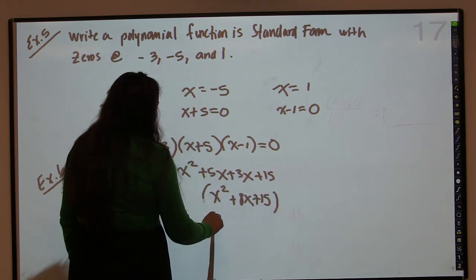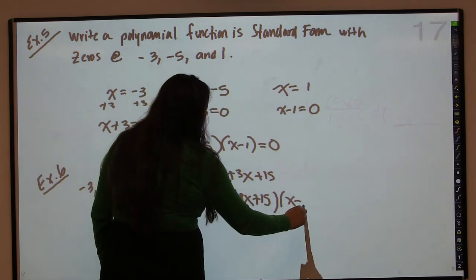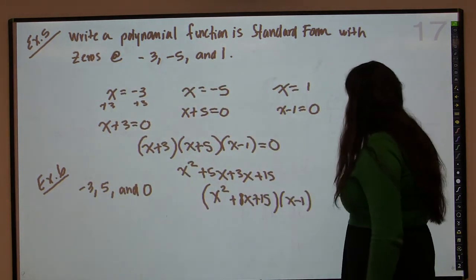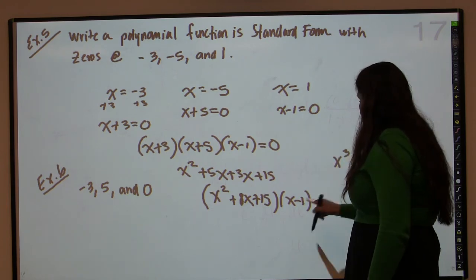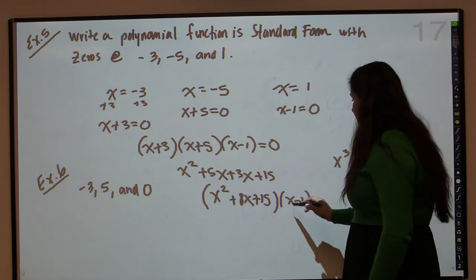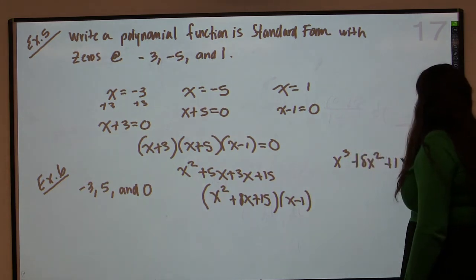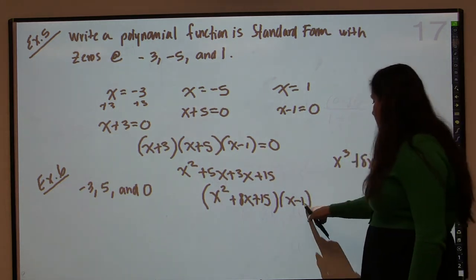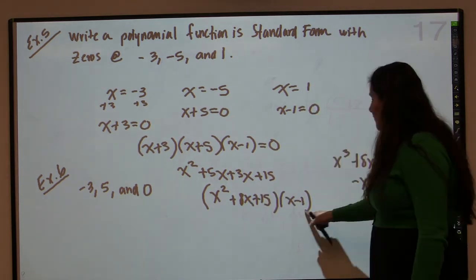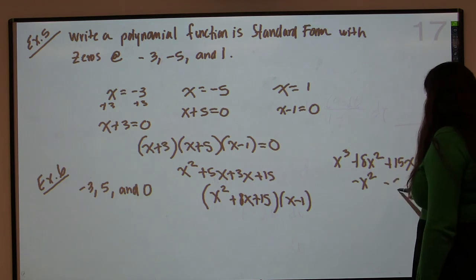And then we have to multiply that by x minus 1. Okay, so x times x squared is going to give me x cubed. X times 8x is 8x squared. X times 15 is 15x. And then we're going to go negative 1 times x squared is negative x squared. Negative 1 times 8x is negative 8x.